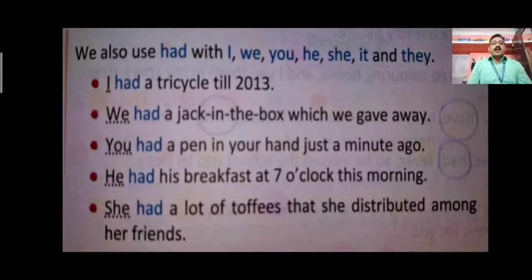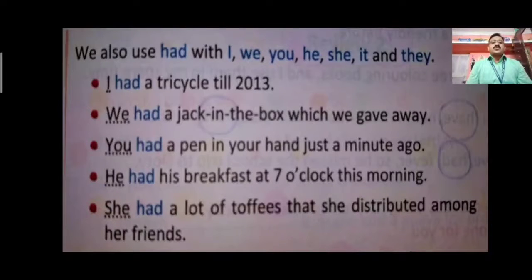He had his breakfast at 7 o'clock this morning. So he is a singular pronoun. He had his breakfast at 7 o'clock this morning, not now. She had a lot of toffees that she distributed among her friends.